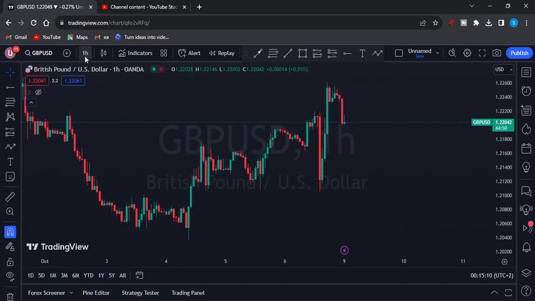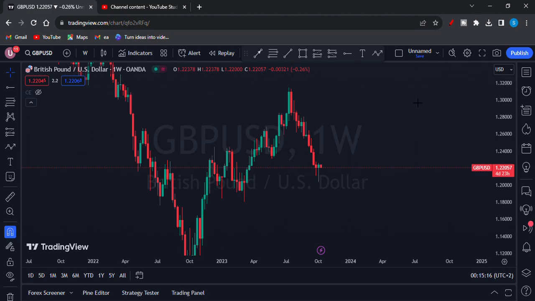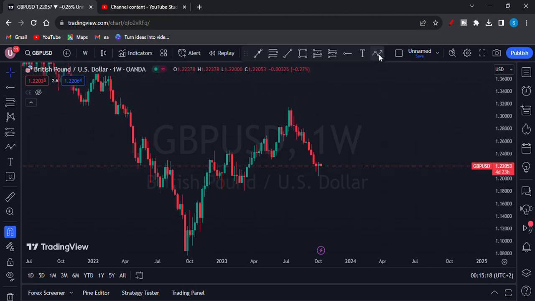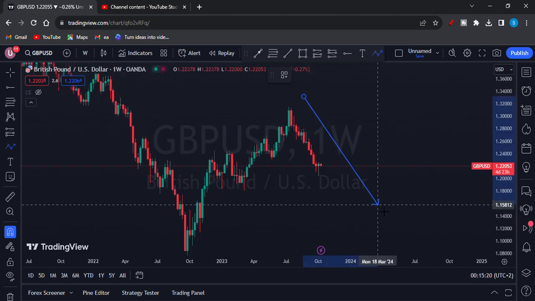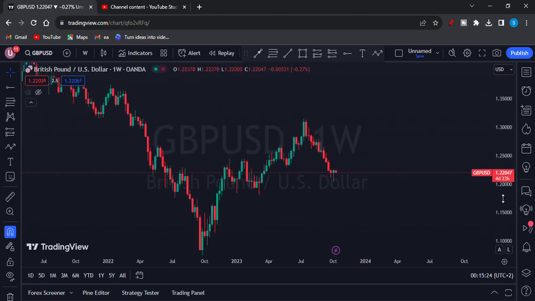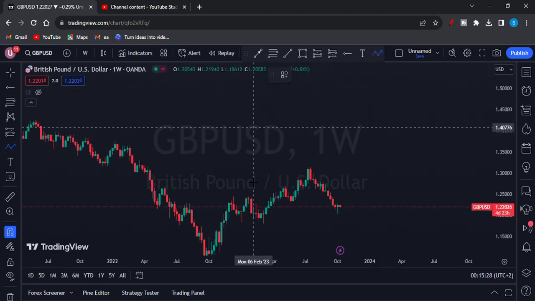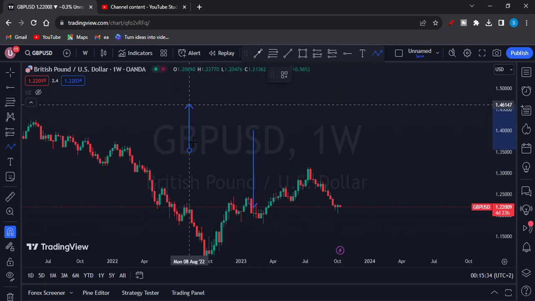So let's go on weekly. On a weekly, we are on a downtrend. So since we are on a downtrend, which means that the USD is stronger than the GBP.